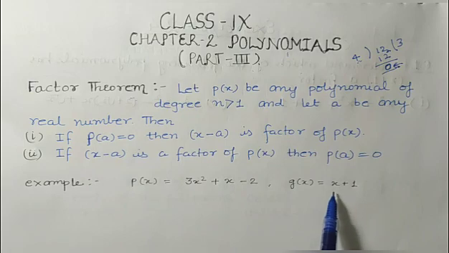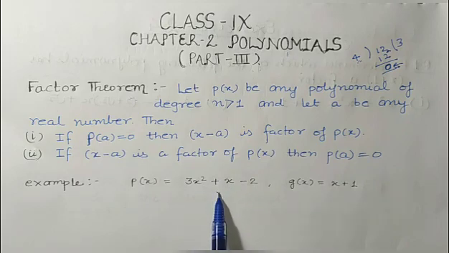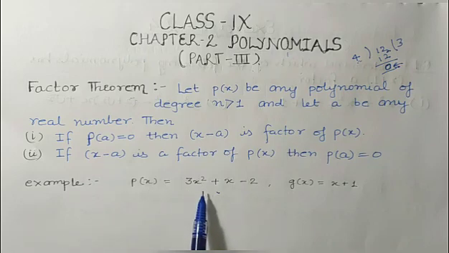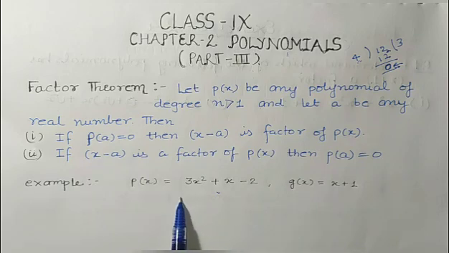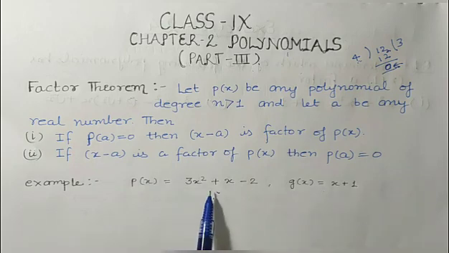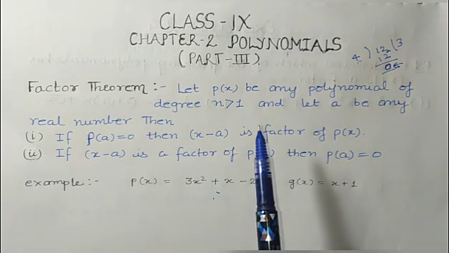After that, we will find the value of the variable from here, and then we will put the value of the variable in this polynomial so that we get the value of the polynomial. If this value of the polynomial, meaning the remainder, is 0, then this divisor will be a factor of the dividend.